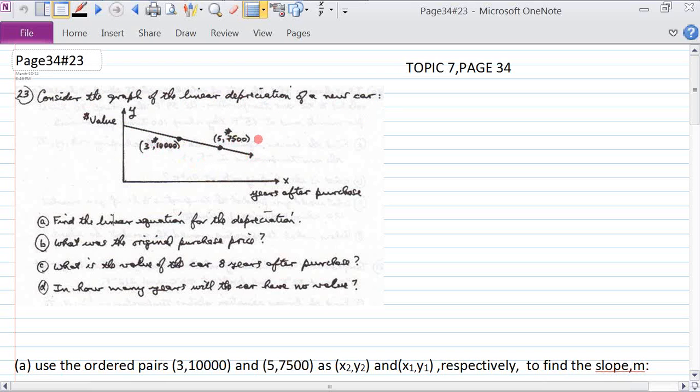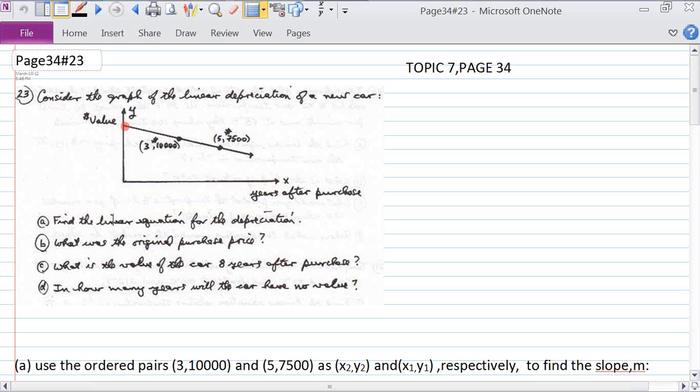So we have these two ordered pairs here, and the first thing we're asked to do is find the linear equation for the depreciation. In other words, what is the dollar value, the Y value, after years of purchase? And we're going to use this to find what the original purchase price was.